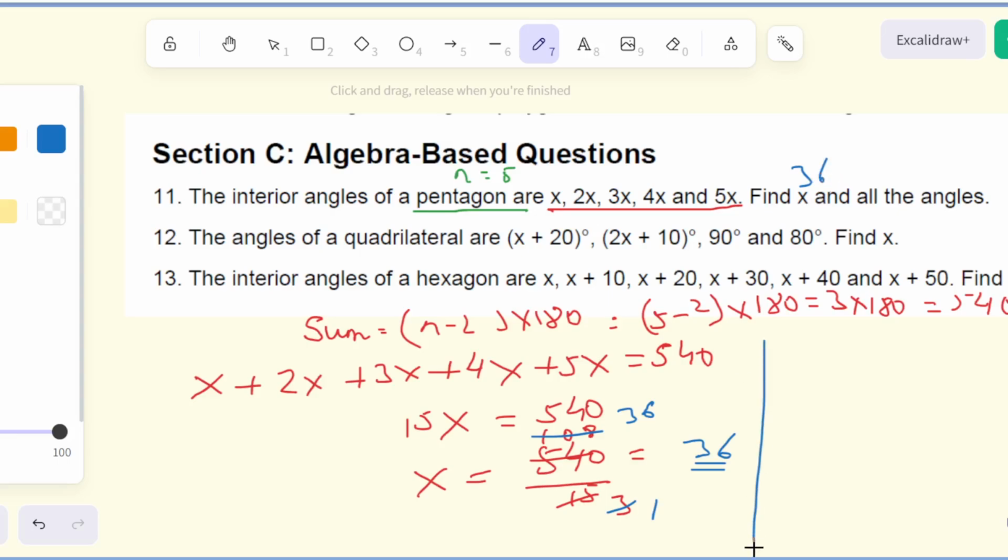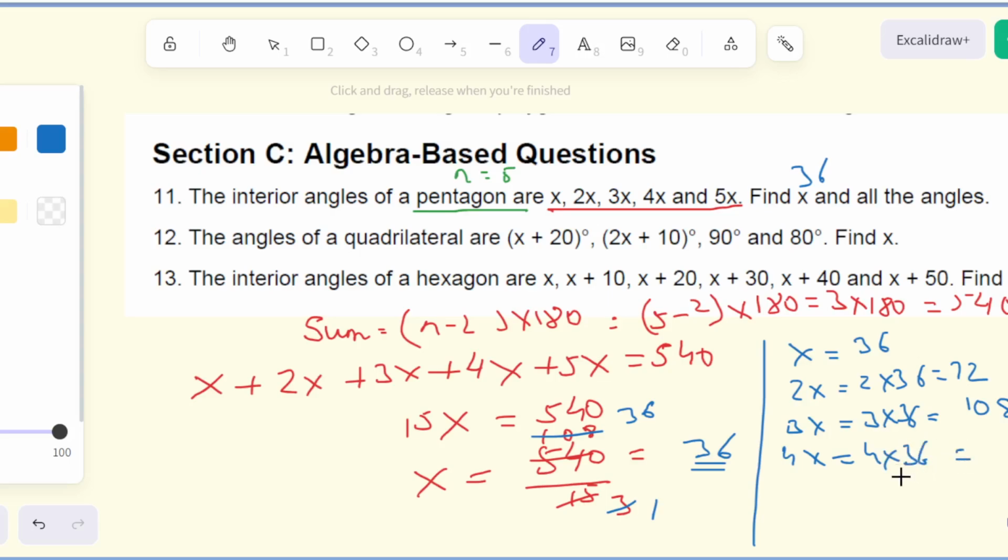Now you can find all of them. You just multiply. x is equal to 36. 2x will be equal to 2 times 36, which is 72. 3x will be 3 times 36, right? So 6 times 3 is 18, 108. 4x is 4 times 36. So 4 times 30 is 120 and 4 times 6 is 24, so 144.